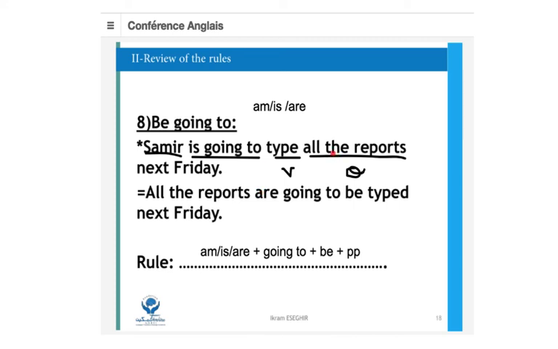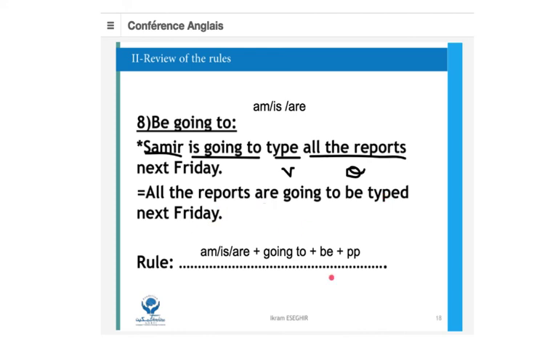So we take all the reports, here it's plural, plus are, because it's plural, and then going to be plus typed. This is the verb I put in the past participle, typed, next Friday.